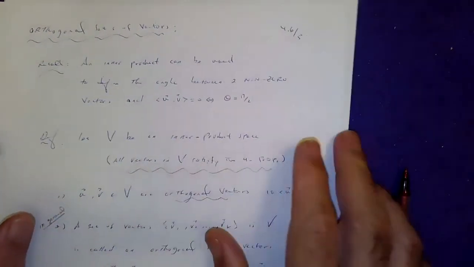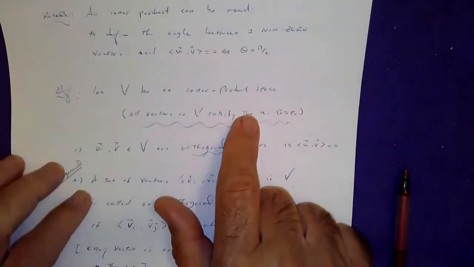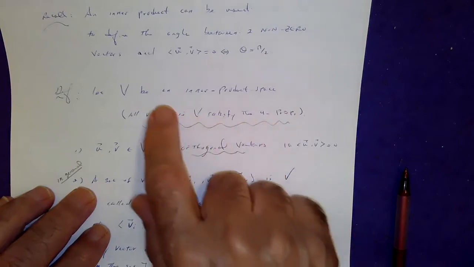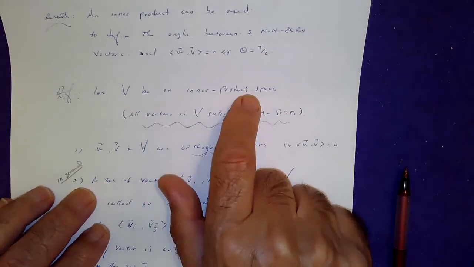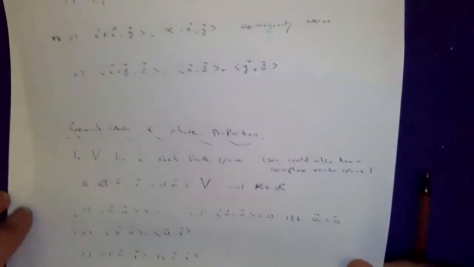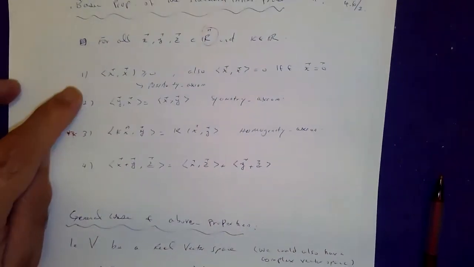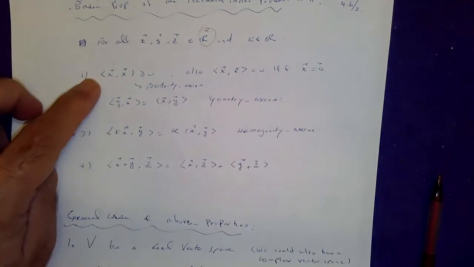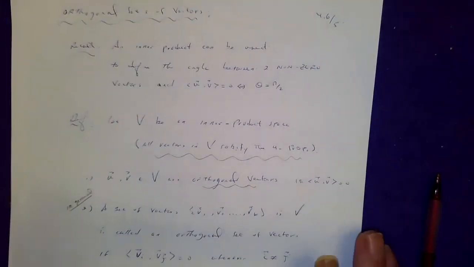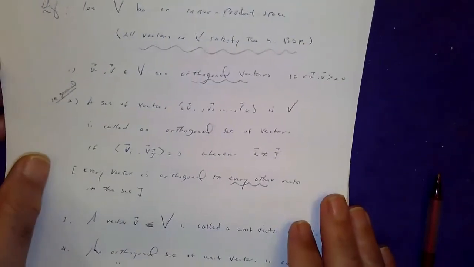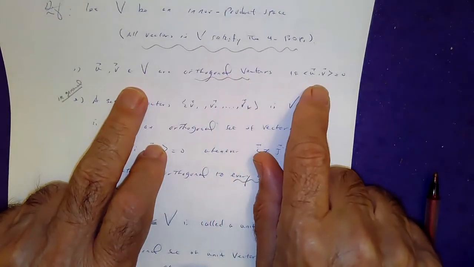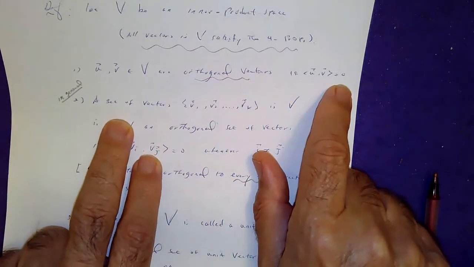So, definition: let V be an inner product space, so that means all four properties have been satisfied. When you say let V be an inner product space, that implies these four conditions have to be satisfied, correct? Positivity, symmetry, homogeneity, and the last one. Let u and v in V be orthogonal vectors if and only if their inner product is 0.